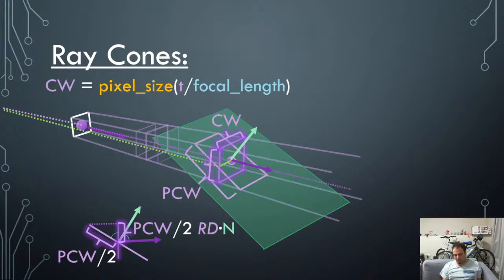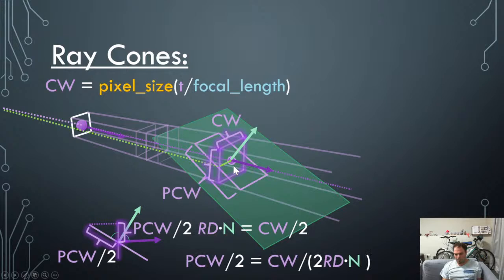For the cosine of the angle, we do the dot product, obviously, and this is the same as the cone width over 2, and from that we can do some simplification and derive what the projected cone width is, which is just the cone width over the dot product. Okay.